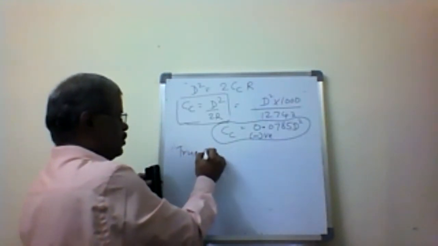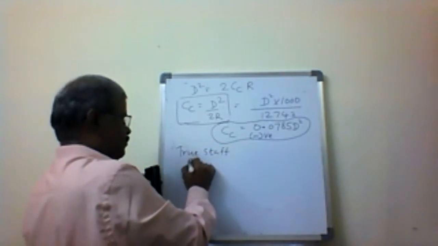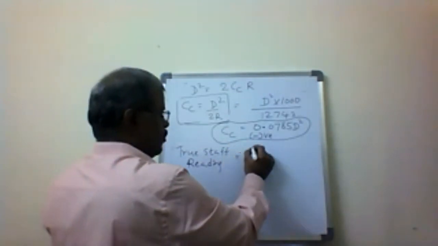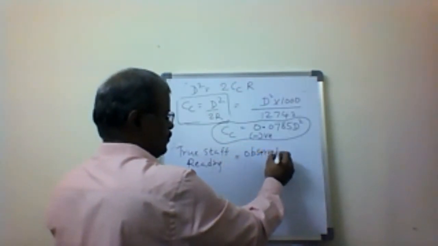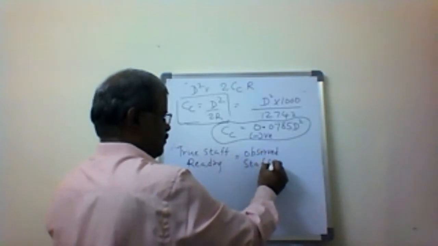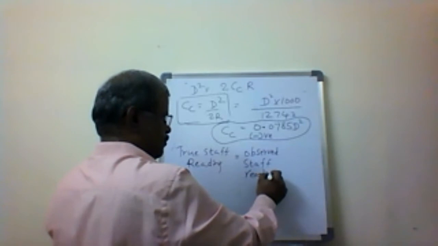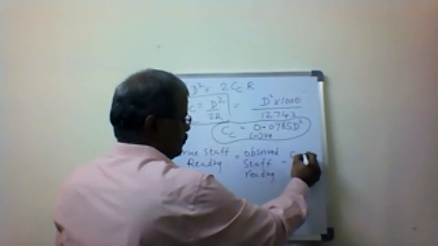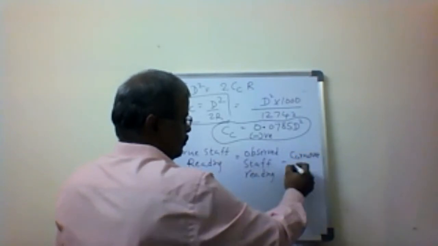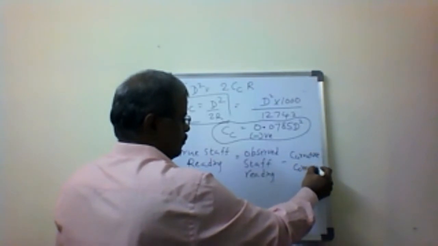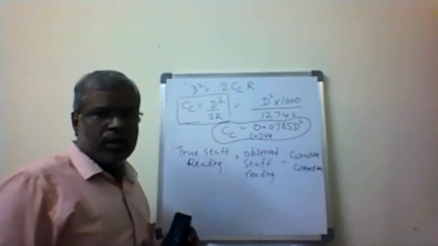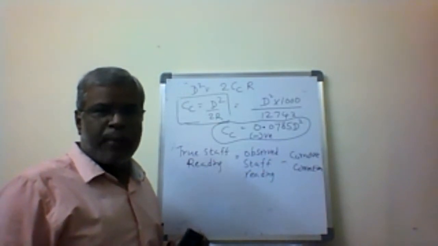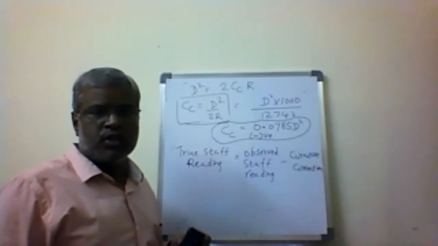The true staff reading equals the observed staff reading minus the curvature correction, because it is subtractive. The magnitude of the curvature correction is 0.0785 D square.